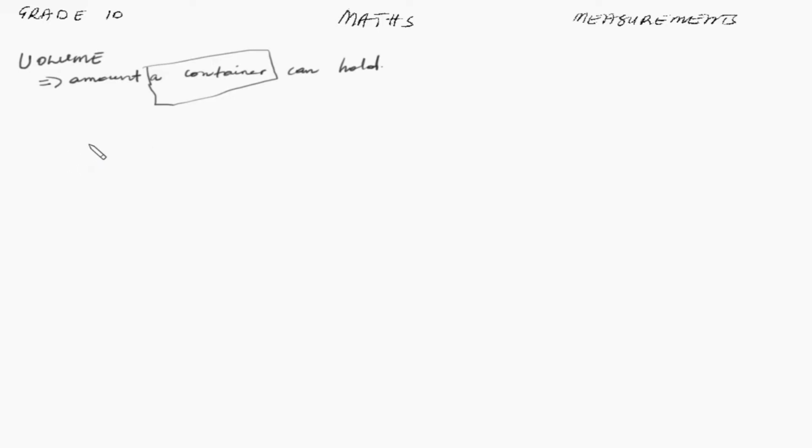There is a formula which says that if you want to find a volume of any prism or any container, like our definition says, you will have to remember that volume is equal to cross-sectional area multiplied by length, or height.